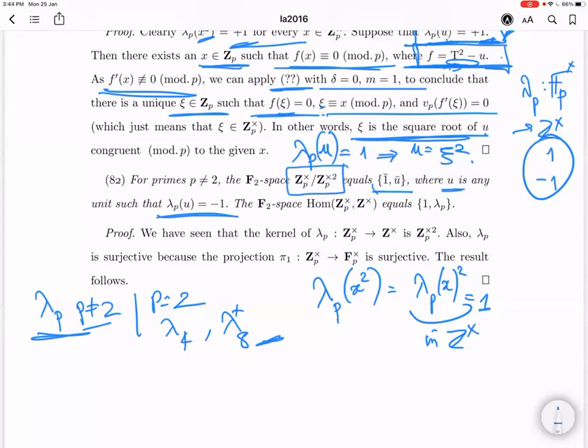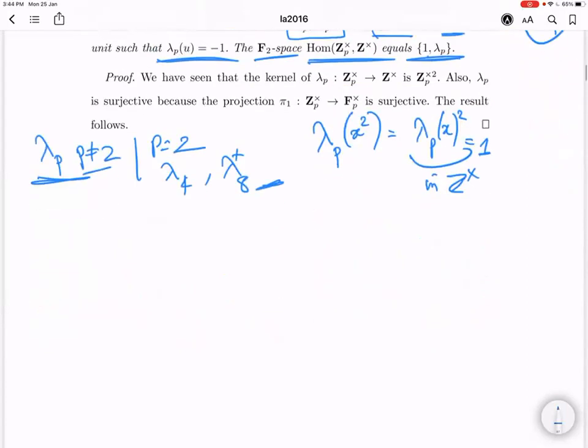Basically, that's what it amounts to saying. Well, an F2 space is a vector space over the field F2. That just means that it's a commutative group killed by 2. And this here, as a vector space, is the space of all homomorphisms from Zp star to Z star, and it just consists of two elements, 1 and lambda p. Okay.